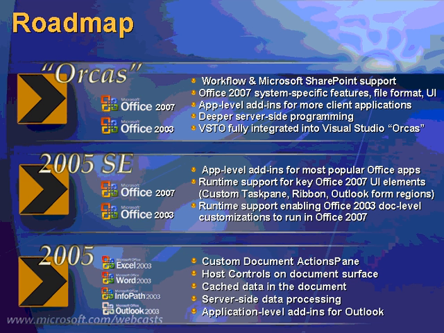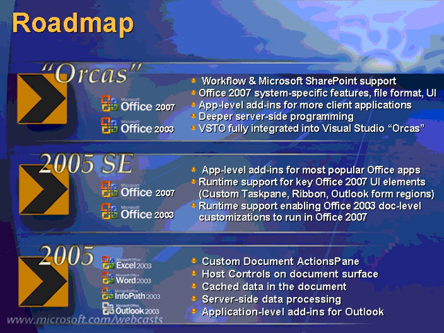So not only can you create app-level add-ins for those applications in Office 2007 system, you can also create add-ins for Word, Excel, PowerPoint, Visio, and that's it. You can't do it for the 2003 version of InfoPath. So we've provided a lot of features in that version as well.